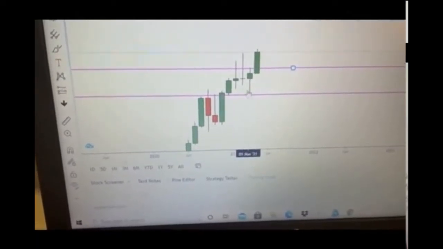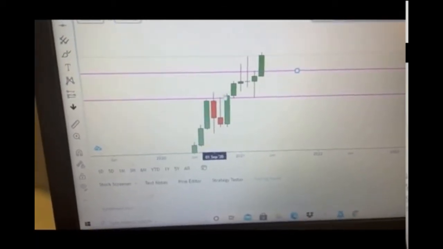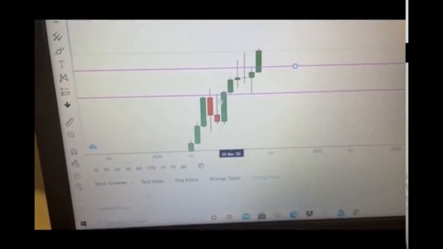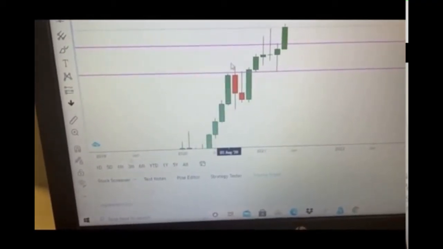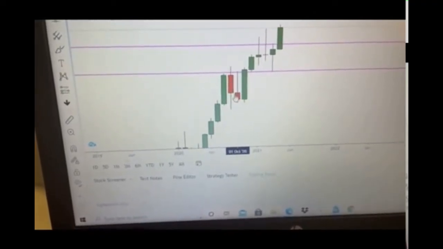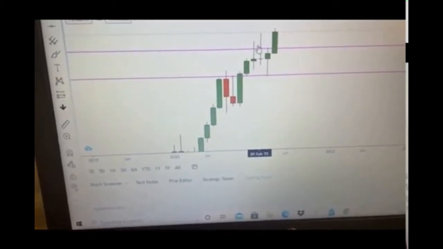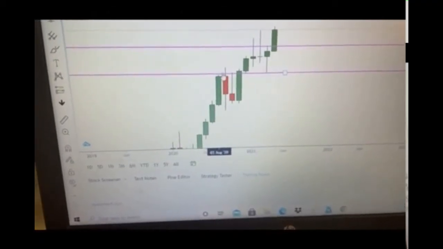What was the reason for him not being able to push past this? There's a zone of sensitivity here, right? So he would not have had any strength to break this zone. We can obviously see that this was a very strong zone. When it pushed up, it retested and obviously had the strength to push past it. But now this guy couldn't push past it because of this zone here.